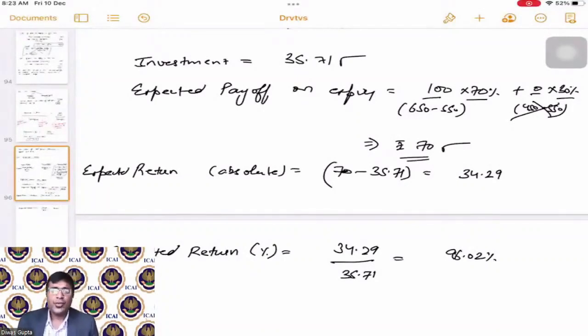So don't get confused. Here the expected return is very easy: how much we have invested and how much we have gained. What is the total return on that? On the total investment, that is our expected return.